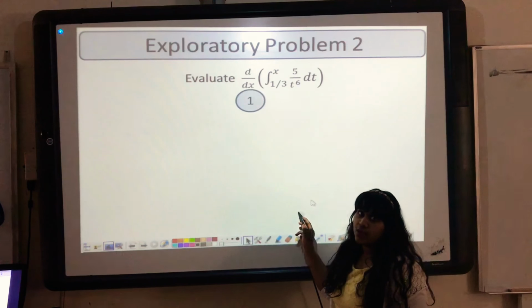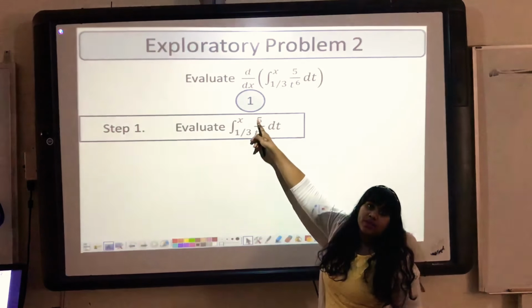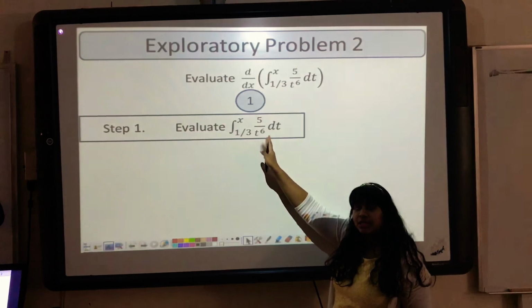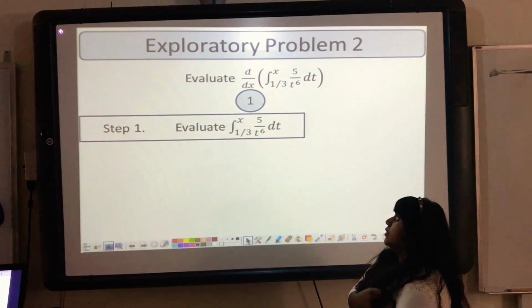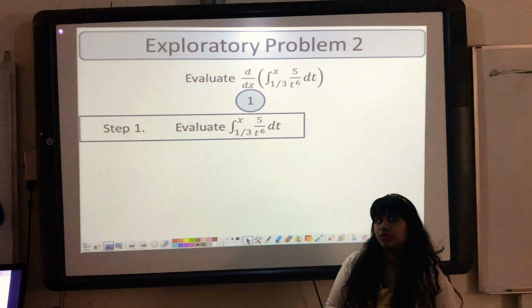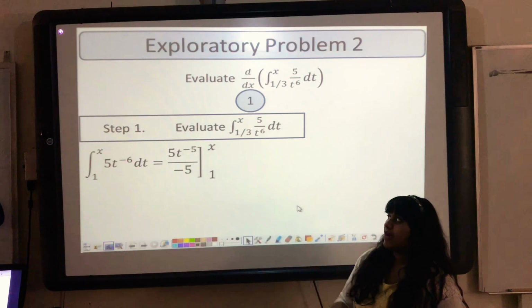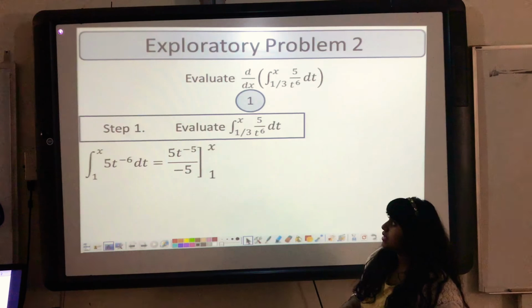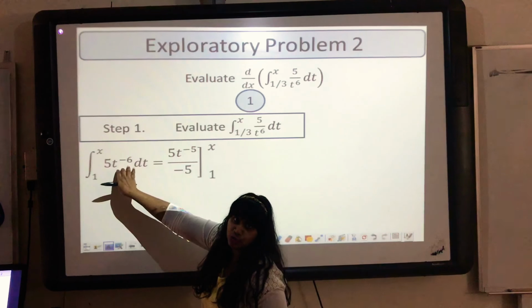Okay, step 1, we're going to deal with that definite integral. Again, here we have a 5 on top, it's attached, and so it's a constant multiple. So I can just leave it alone and bring it down with it. We're actually going to be looking at the integral of t to the negative 6. So that becomes 5t to the negative 6 dt, which is that algebraic rewrite.